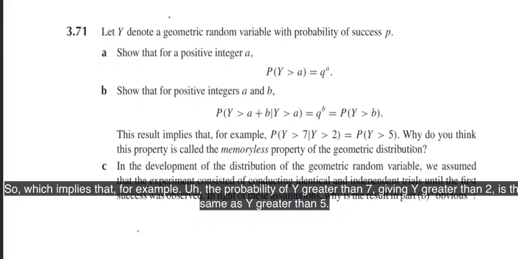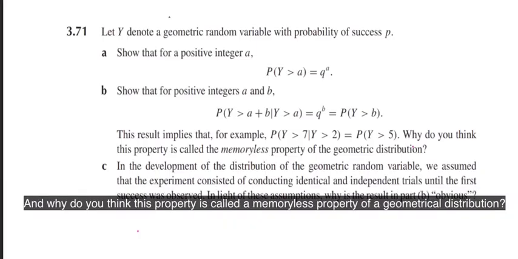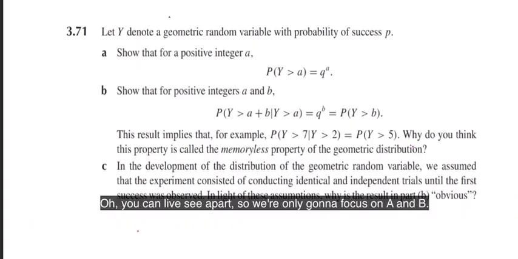This implies that, for example, the probability of y greater than 7 given y greater than 2 is the same as y greater than 5. And why do you think this property is called the memoryless property of a geometric distribution? You can leave C apart, so we're only going to focus on A and B.